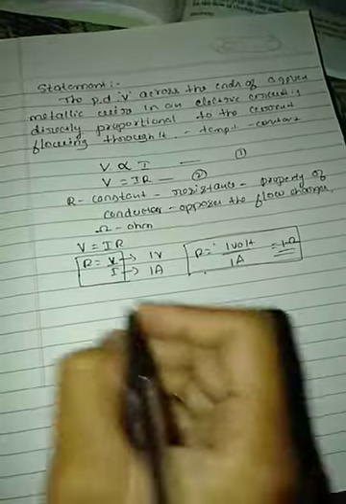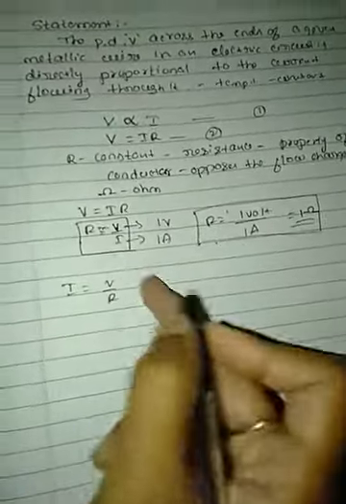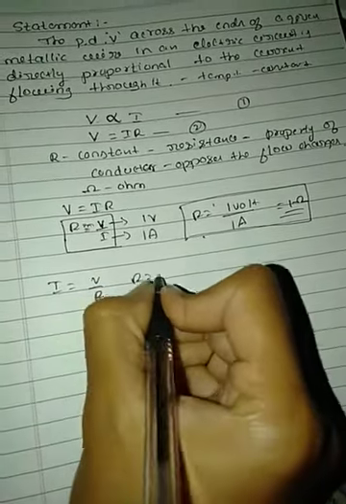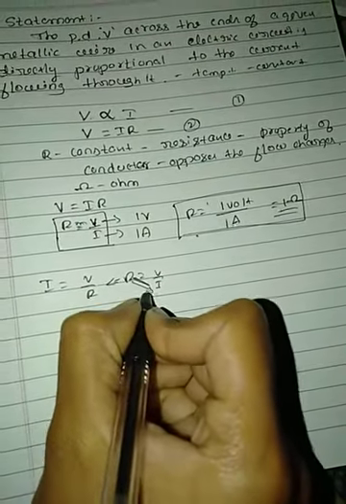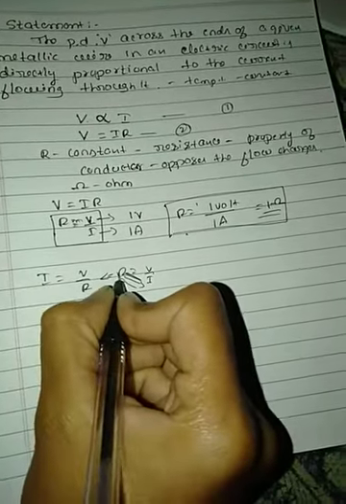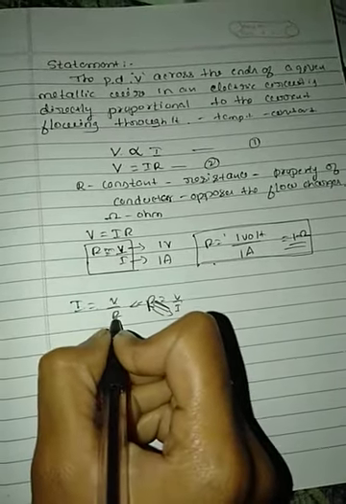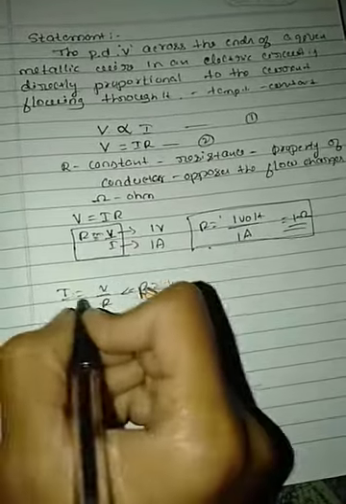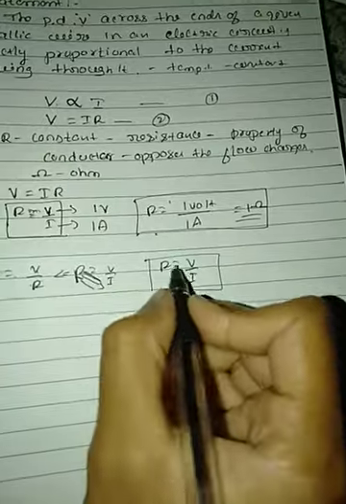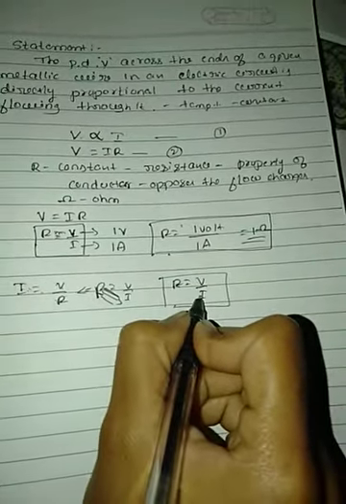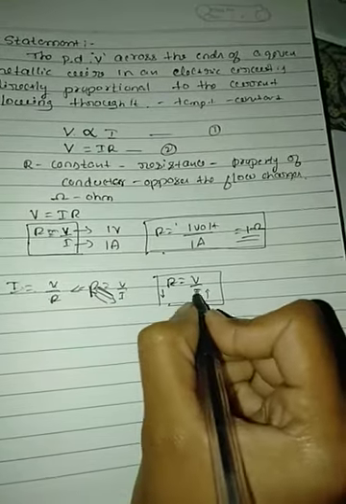One more thing here: we observe that I is equal to V by R. When you rearrange the equation R is equal to V by I and cross multiply, R goes to one side and I goes to the other, so I is equal to V by R. So current is inversely proportional to resistance. Looking at R equal to V by I, if the current value increases, the resistance value decreases, because current is in the denominator.